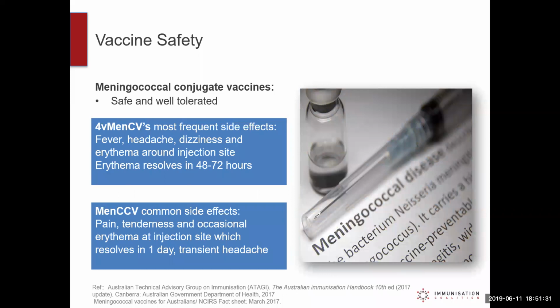Vaccine safety, this is always something that gets talked about. How safe are these vaccines? How well tested were they? Has the government rushed them in too quickly? What are we most likely going to be seeing? But these meningococcal vaccines, particularly the 4-valent ACWY vaccines, have been shown to be really, really well tolerated. We don't tend to see significant adverse events, generally just the mild common adverse events that we see with any other vaccine.